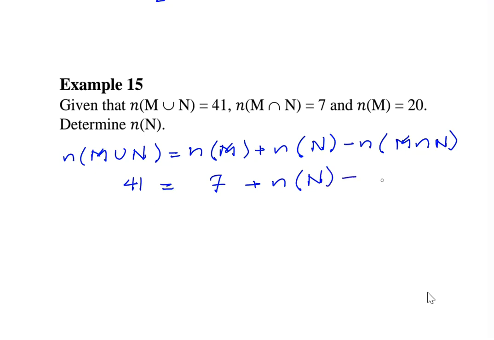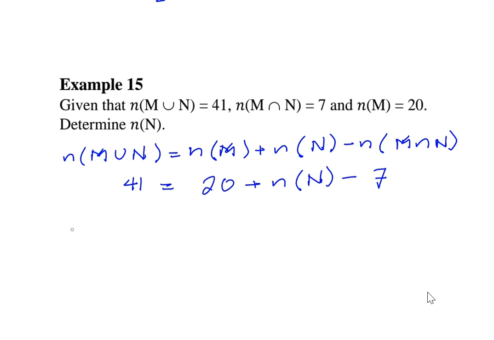This is 42, this is 7, actually, this over here should have been 20. So the number of elements in M was 20. All right, let's carry the 20 and the 7 over.